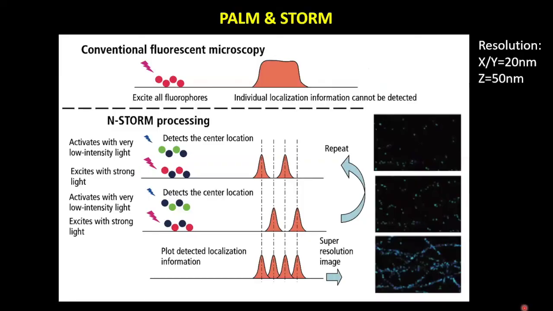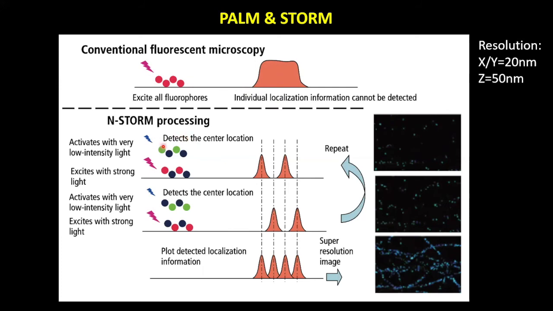And PALM and STORM, as I mentioned, are basically the same idea. Instead of conventional fluorescence microscopy, where you turn on all the fluorophores at the same time, like turning on all the lights on the sample so everything glows, unless you use, for example, confocal to eliminate the out-of-focus light, you can't get a sharp image. Otherwise, you're going to have a blurry image.